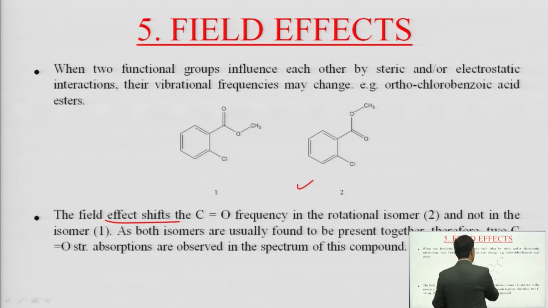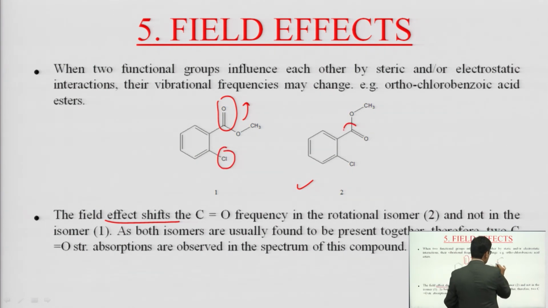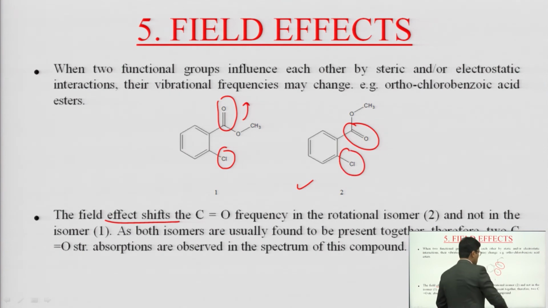Here you can see that in the first isomer the carbonyl is not interacting with the halogen, but in case of the second isomer, chlorine can easily interact with the carbonyl group, and that may cause a change in the frequency values, and instead of getting one value, we generally get two different values for two different isomeric forms.